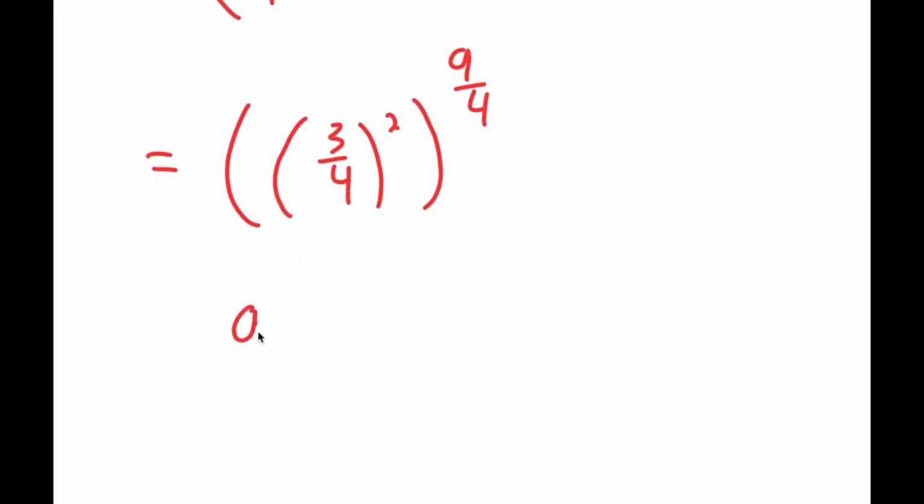Now, if I have something in the form (a^m)^n, this is equal to a^(m×n).